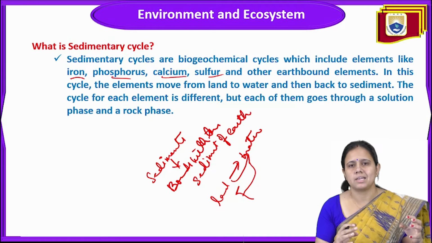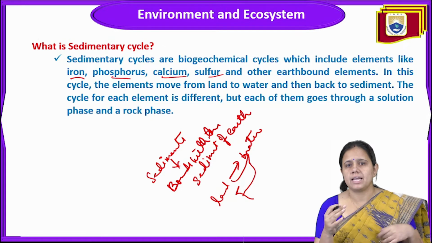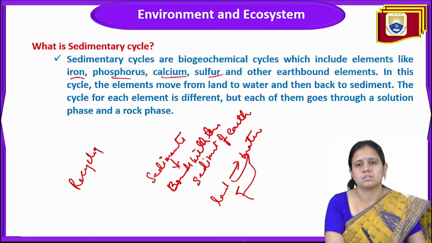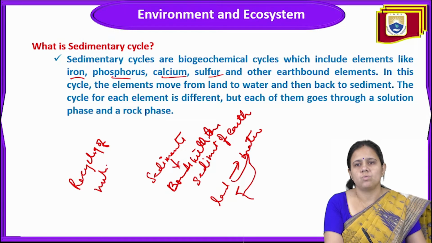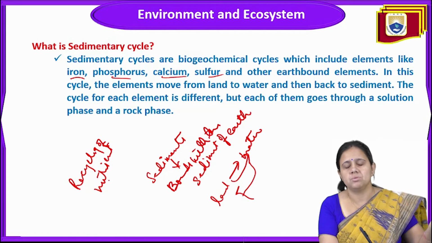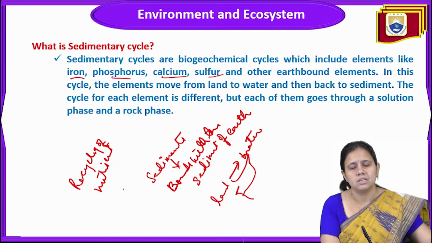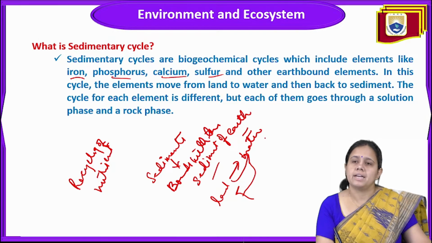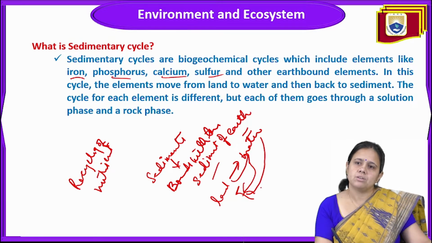Already we know that this is like a recycling of nutrients. What will happen in this? The nutrients will recycle, meaning the nutrients will again come back into the land. The sedimentary cycle starts with land and ends with water, and after water it will again come back into the land.